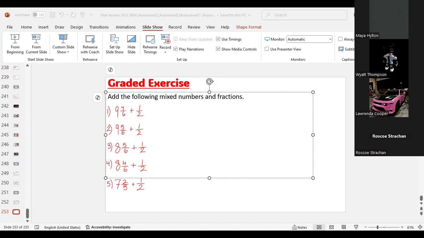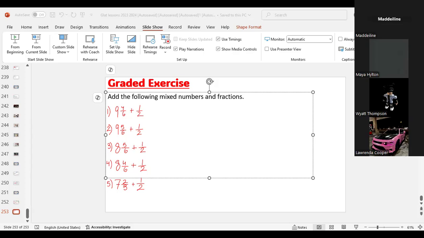Yeah, that's true. Are we supposed to simplify? Wherever possible, simplify wherever possible. In some cases you're not able to simplify, and there are some cases where you are, but simplify wherever possible.